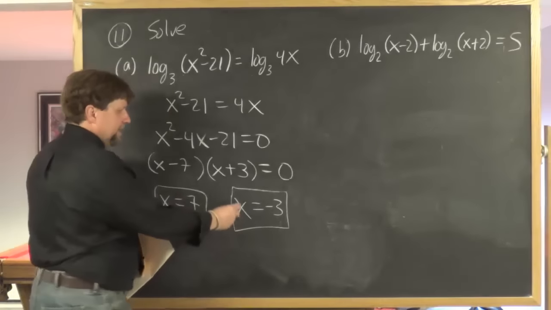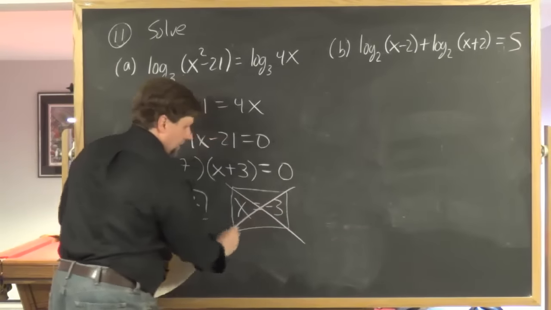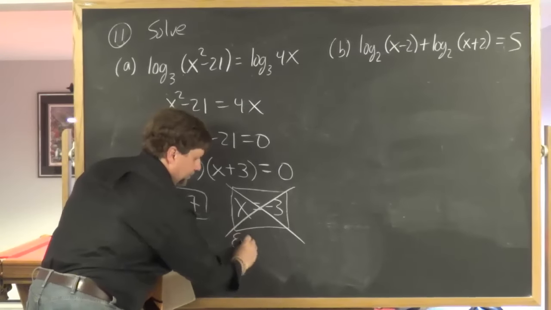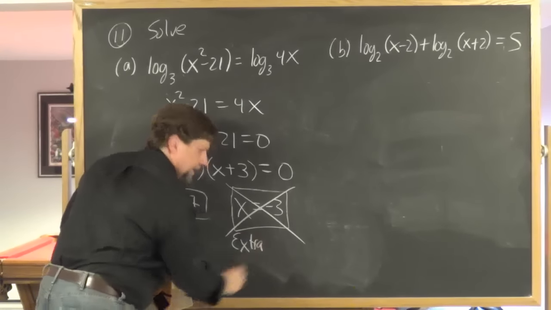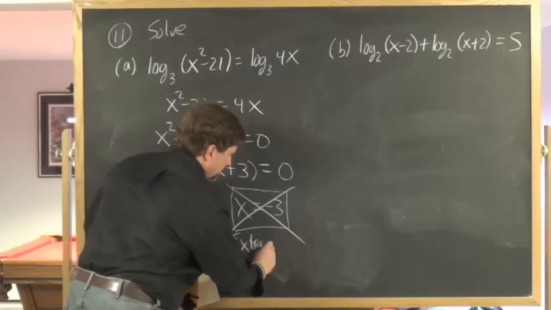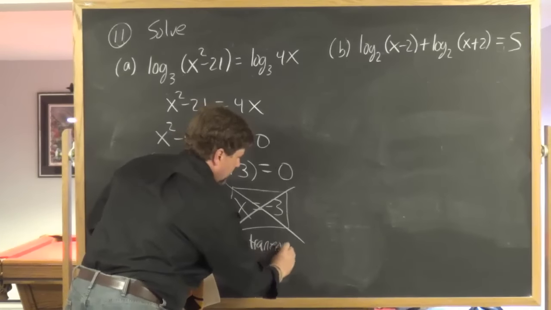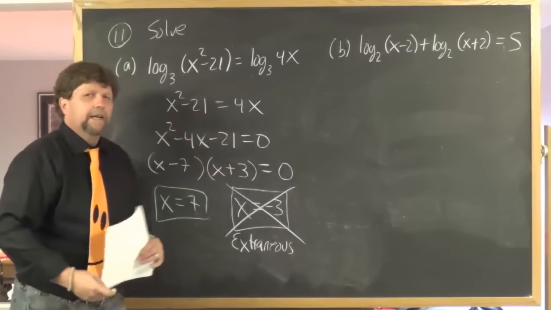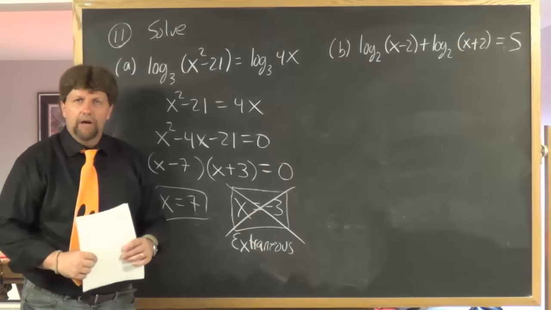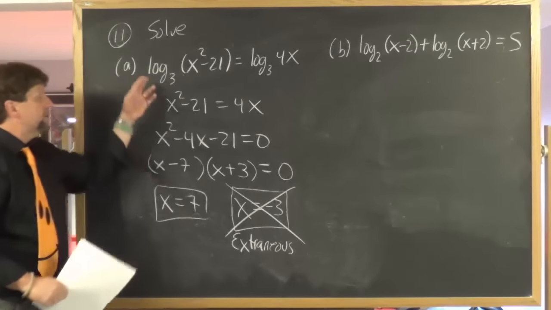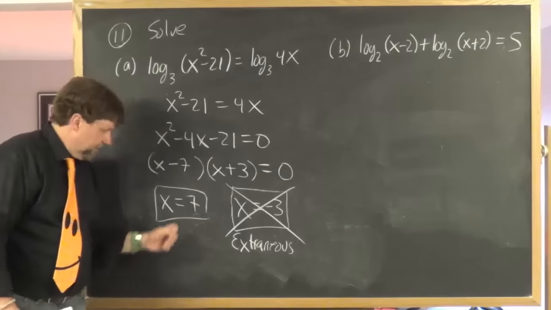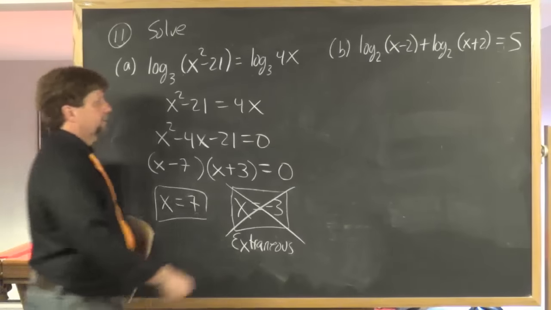So that means this solution, remember the big fancy name for it? It's an extraneous solution. And remember, extraneous is a fancy way of just saying it's bogus. So this equation only has one solution, x equals 7.